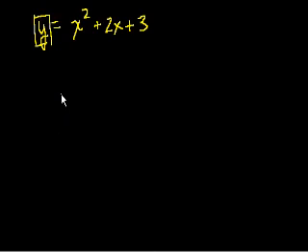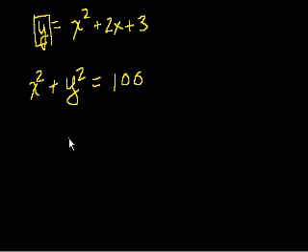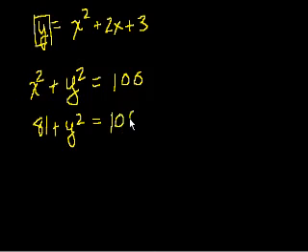But on the other hand, what if I had something like x squared plus y squared is equal to 100? Now, if I give you an x, you still can figure out a y, but it's just not as easy. If I said x is equal to 9, you would put 9 in here, you would get 81 plus y squared is equal to 100.